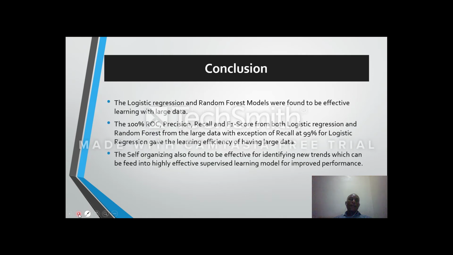So in conclusion, we can see that the logistic regression and random forest were found to be effective for learning with large data. The 100% ROC, precision, recall and F1 score from both logistic regression and random forest from the large data set, with the exception of recall at 99% for logistic regression, showed the learning efficiency of having large data.